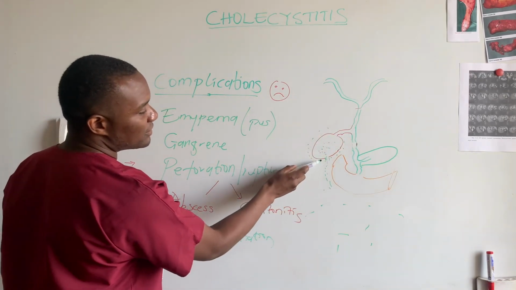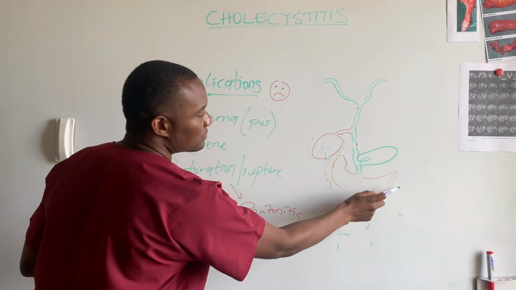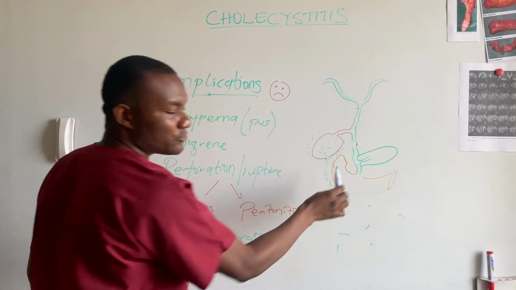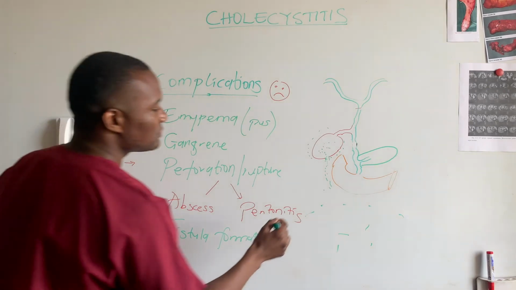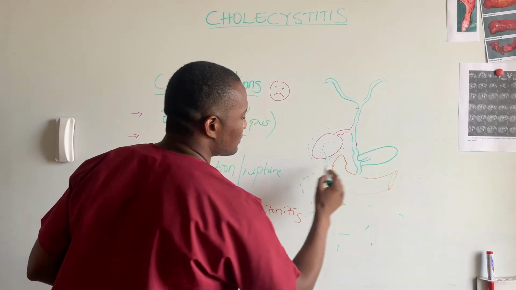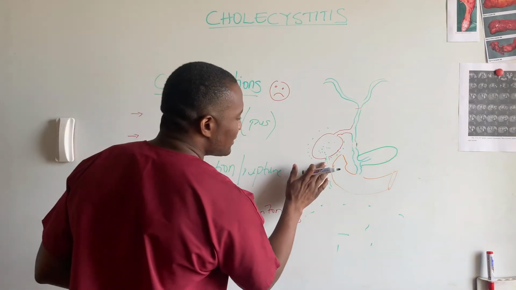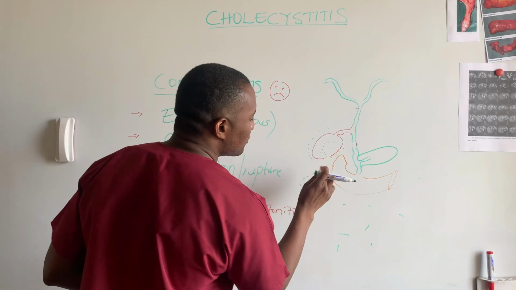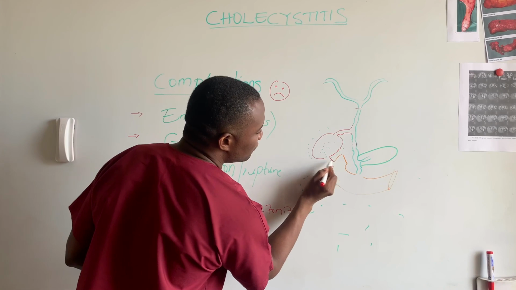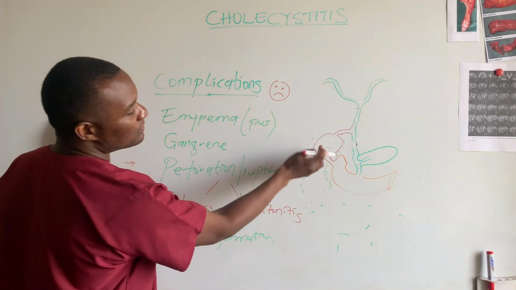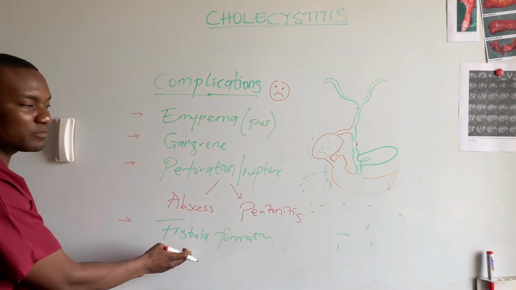So it might lead to the adhesion of the gallbladder and the duodenum or the biliary tree, so the common bile duct, for example, and also the large intestine, which is somewhere there. So these adhesions might lead to an abnormal connection between two organs. So now the gallbladder is connected to the duodenum. It's called a fistula formation.